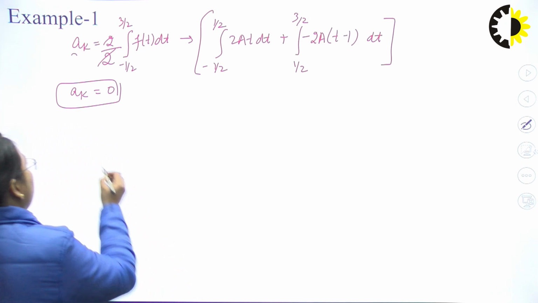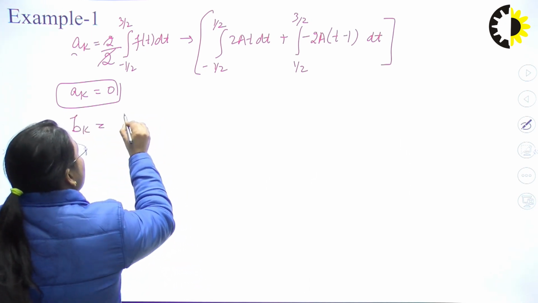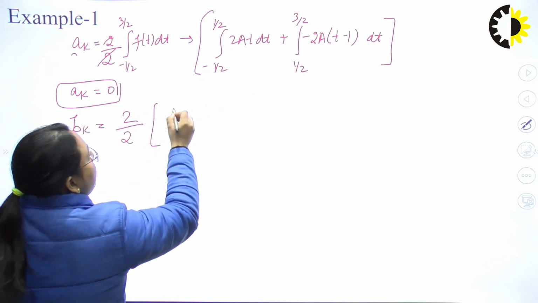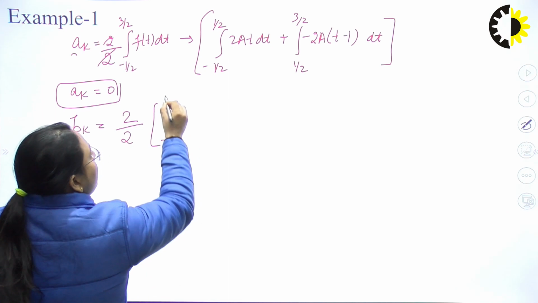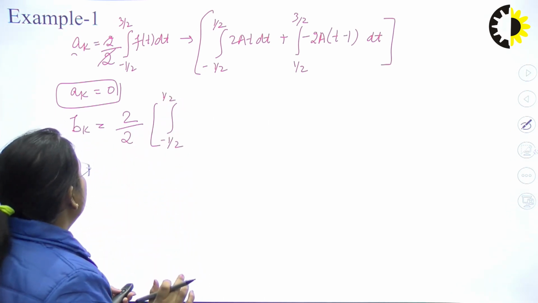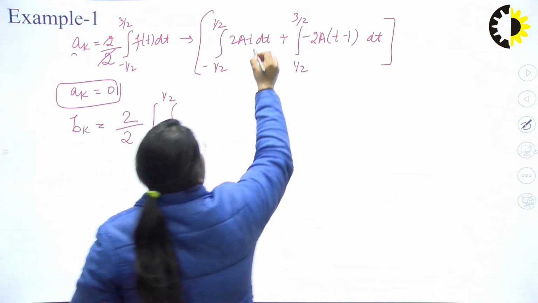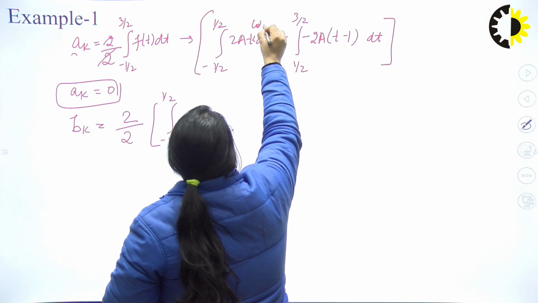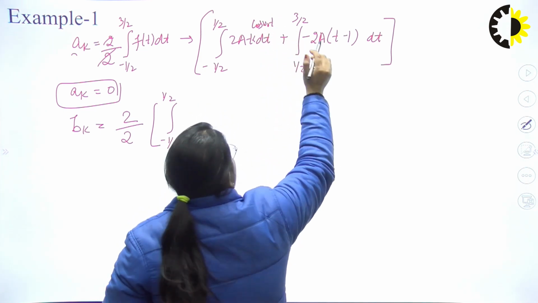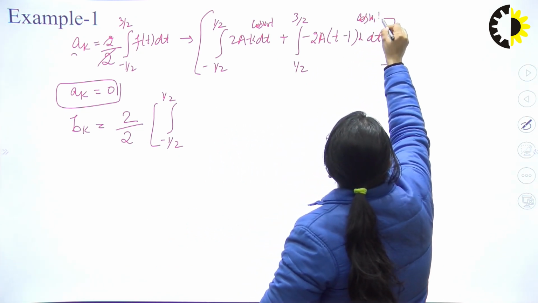Now solving for bk, because definitely there will be a value for bk, so 2 by T, which is equal to 2 by 2, and I am directly writing these values, from -1/2 to 1/2.